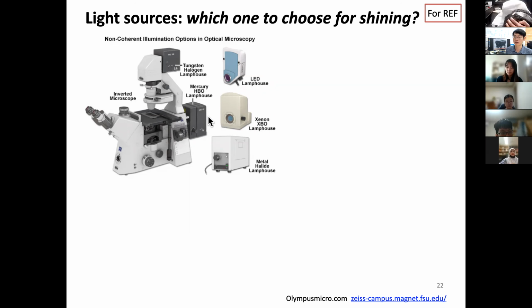These come in as epi illumination. Epi means on top. So you are shining on the top of the sample and looking at the sample from the same side. This is an inverted microscope, so it can be a little confusing, but it means the imaging side and the shining are from the same place.